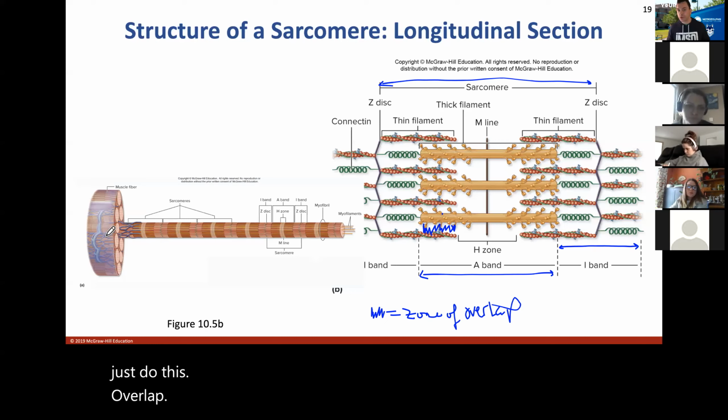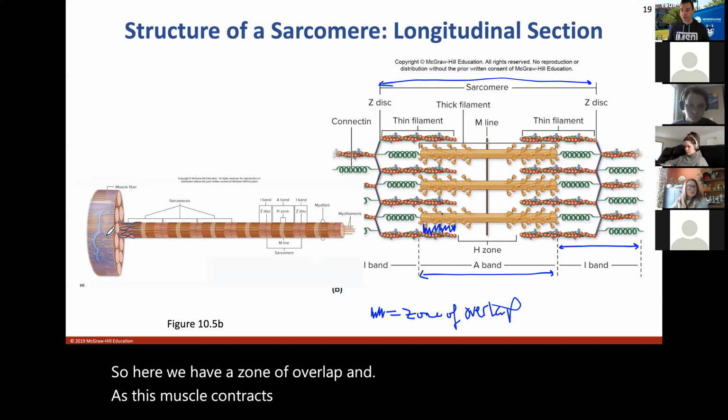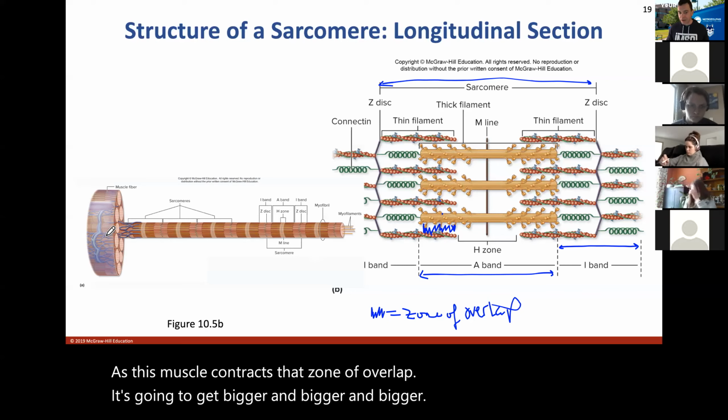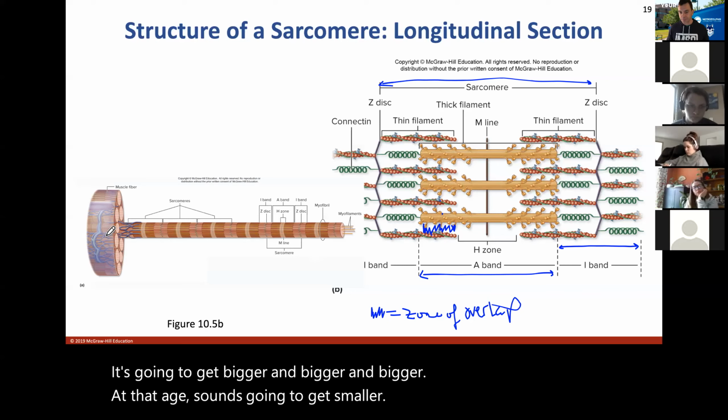So here we have a zone of overlap. And as this muscle contracts, that zone of overlap is going to get bigger and bigger, and that H zone is going to get smaller as this thing gets scrunched in together.